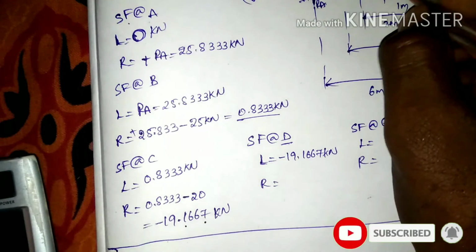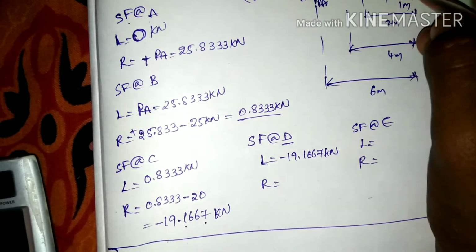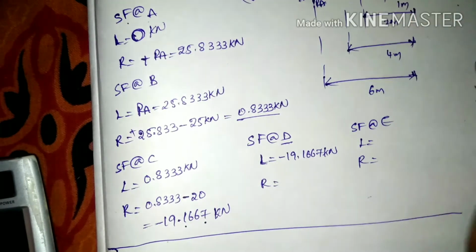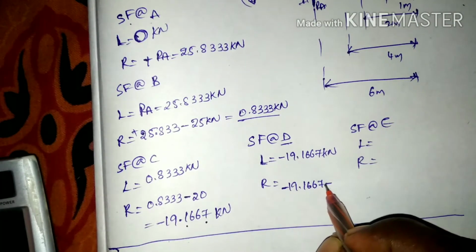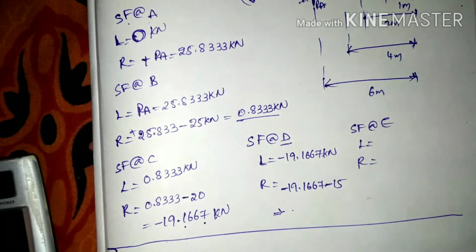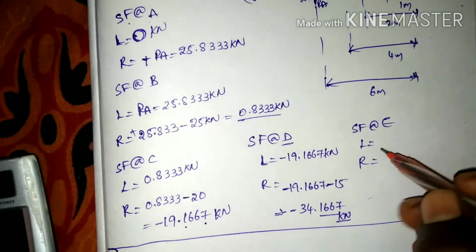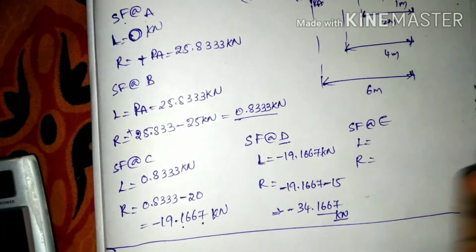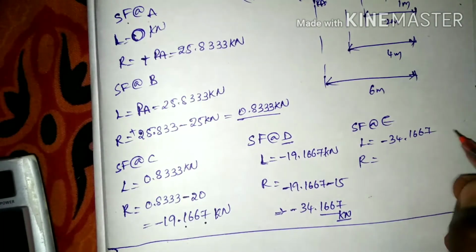And after the D, when I am going to stand just right to the D, I am also finding a downward force, that is minus 19.1667. It is also in the downward direction, so negative 15 kilonewtons, that is going to be minus 34.1667 kilonewtons. And moving on to the E, just left to the E, I'm going to find the same value of minus 34.1667.